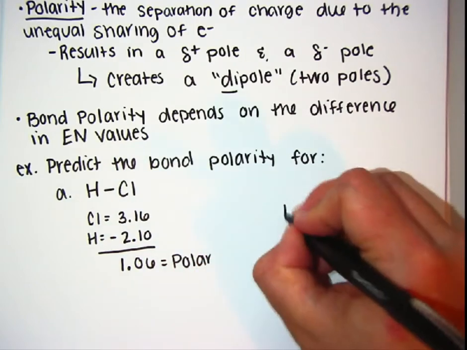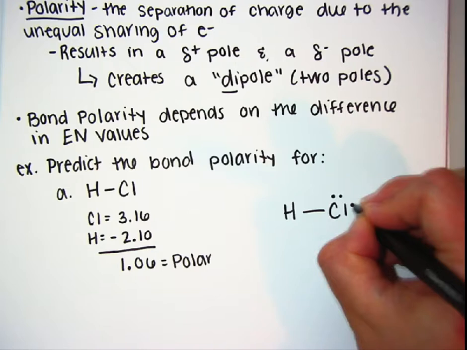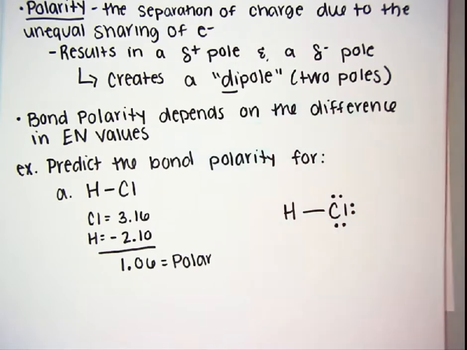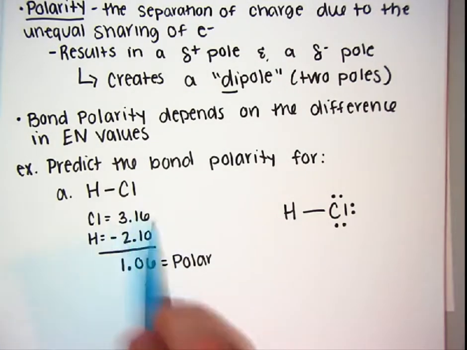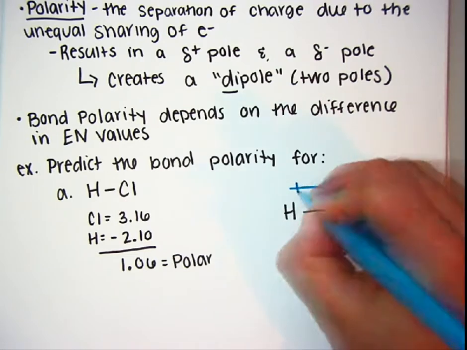So what happens when hydrogen is bonded to chlorine, chlorine is much more electronegative. So what's going to happen, since it's more electronegative, it has a greater tendency to attract electrons.